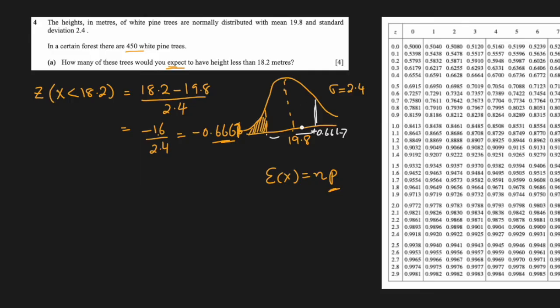This table gives me the probability which is less than this. If I subtract this probability from 1, I'll get the one which is more than positive 0.667, which will be exactly what I want on the lower side, because the normal distribution table or graph is symmetric. So I'll use positive 0.667, not the negative one.